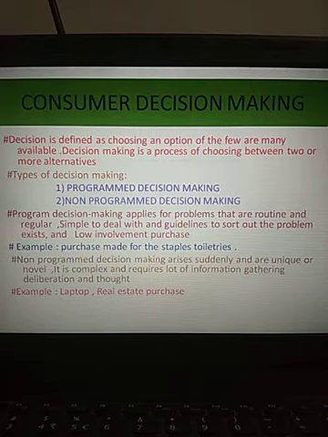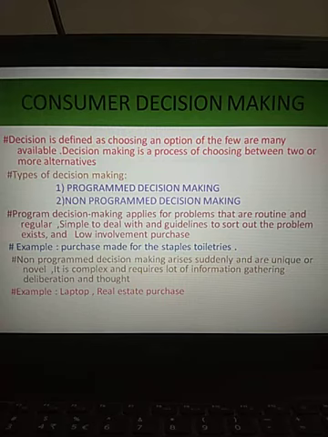Then how do you define non-programmed decision making? Non-programmed decision making arises suddenly and is unique or novel. It is complex and requires a lot of information gathering, deliberation, as well as thought.